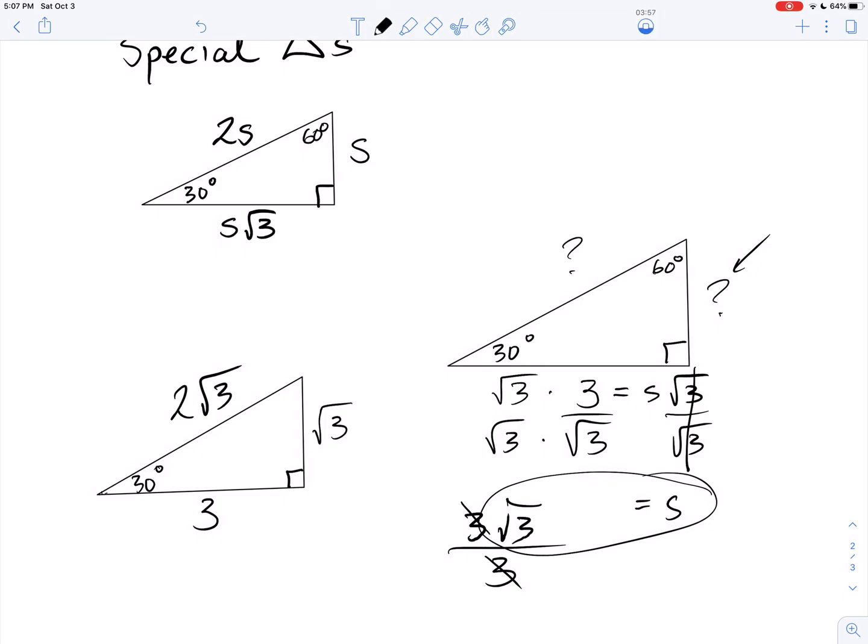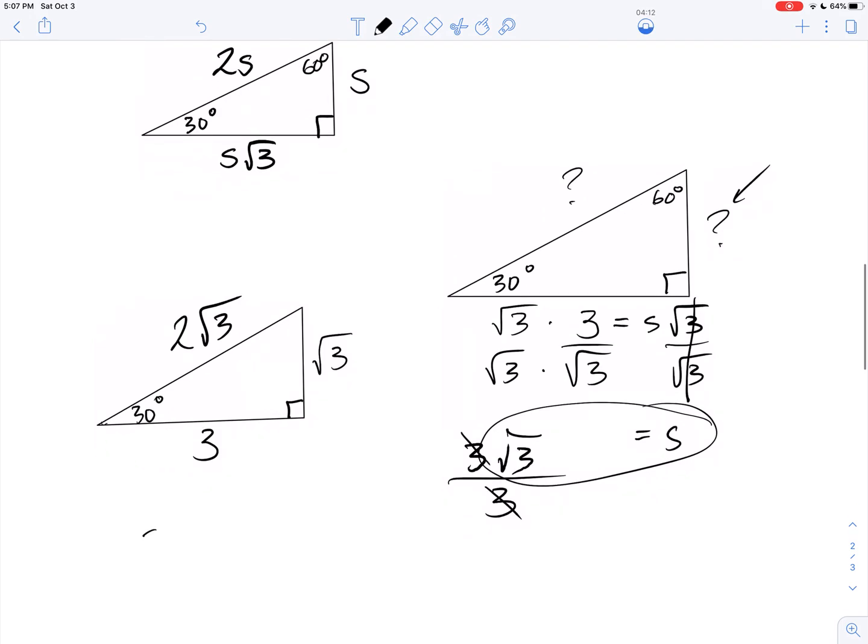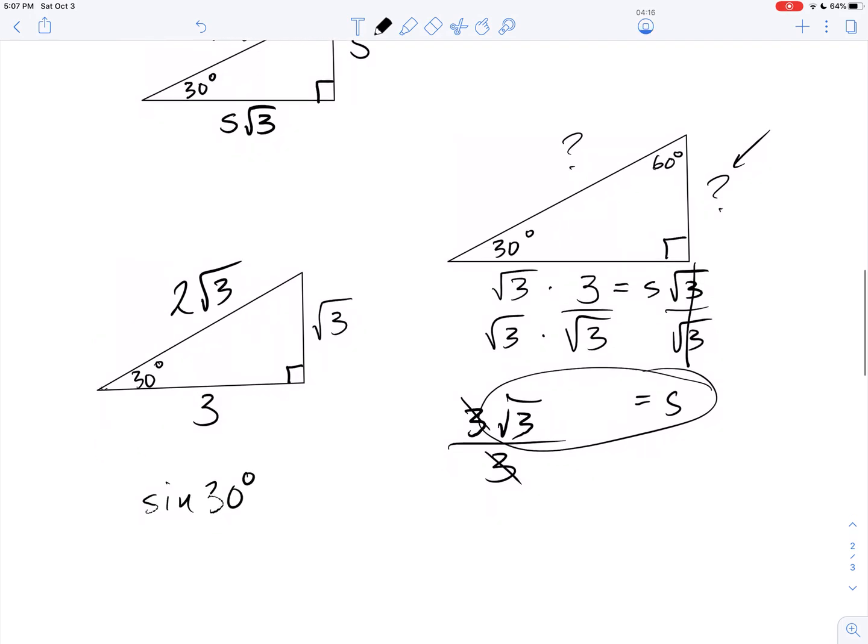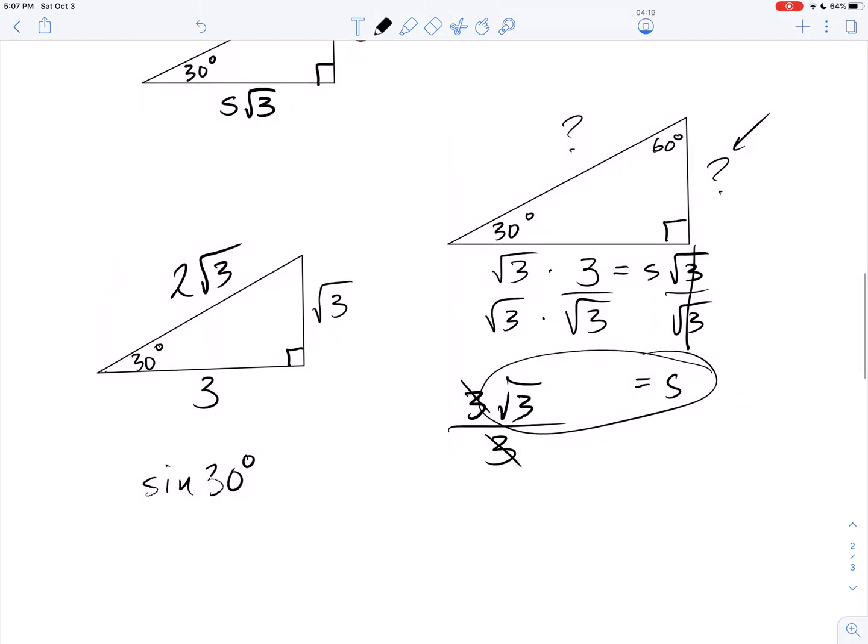What we are going to be doing with this, though, is applying it to trigonometry. In trigonometry, they're going to say, hey, could you find the sine of that 30-degree angle? And I go, sure I could now, because I have the opposite over the hypotenuse.